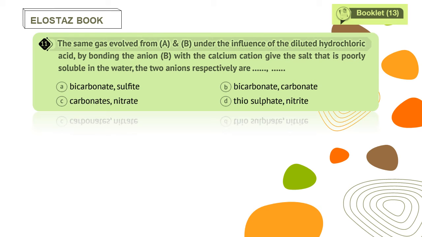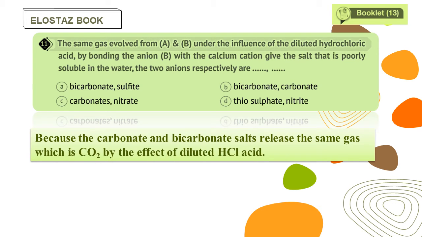We discussed before, in the previous question, carbonate and bicarbonate. What is the effect of each one? The carbonate and bicarbonate salts release the same gas, carbon dioxide, by the effect of hydrochloric acid. So the same gas is evolved by the effect of diluted hydrochloric acid.